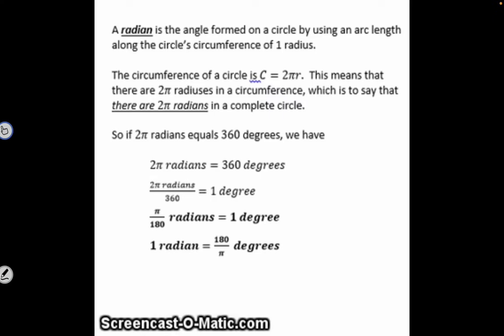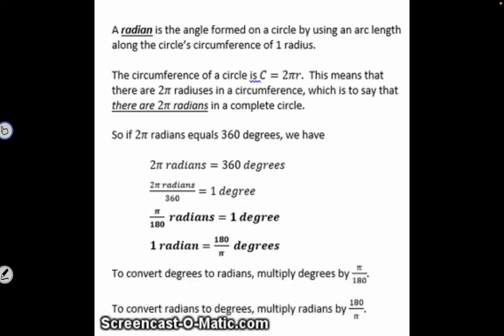Pi over 180 radians is 1 degree, and 1 radian is 180 over pi degrees. So, to convert degrees to radians, multiply degrees by pi over 180. Multiply the radians by 180 over pi.